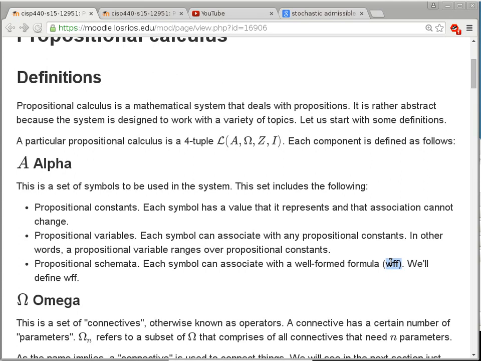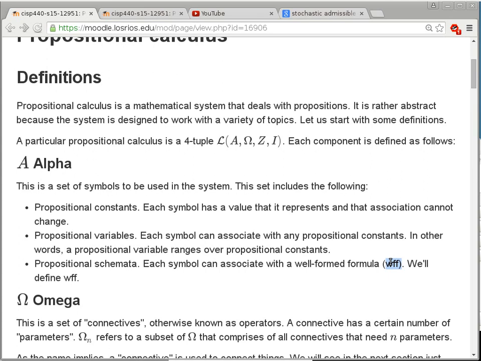Psi is this one. We also use phi, which is this one, and sometimes we also use rho, which is this one here. Those are the Greek symbols that we use to represent schemata. So each one of these is going to be associated with a schemata, and a schemata is basically just a well-formed formula.